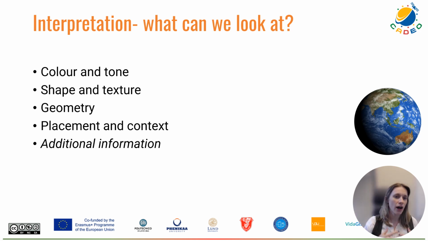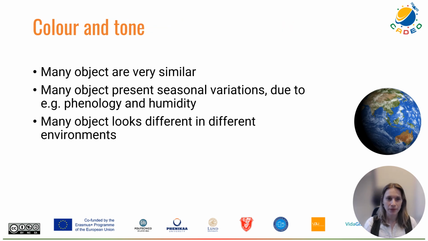And the tone of it, how green is it? Is it very dark green or bright green? But we can also look at shape and texture, for example. We can look at the geometry of something. We can look at the placement and the context. And then we can bring in additional information which may help us to identify what we are seeing.